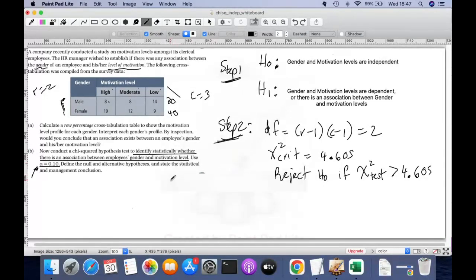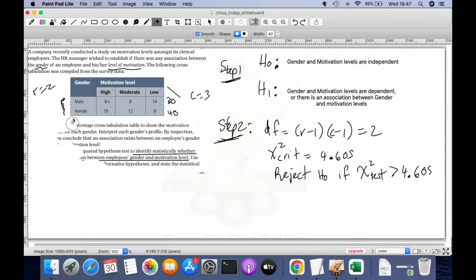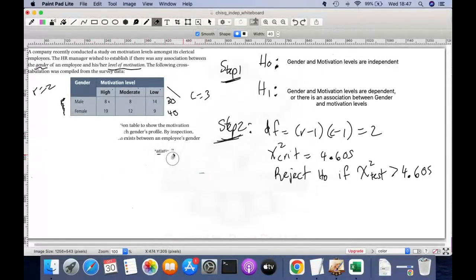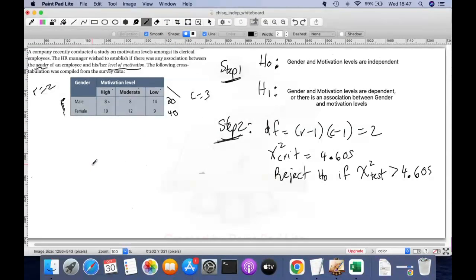All right. So I need some space here for step 3. I'm going to clear out some stuff just to get some space here. And we already know the question. Don't need it anymore. But I need the table. Okay.